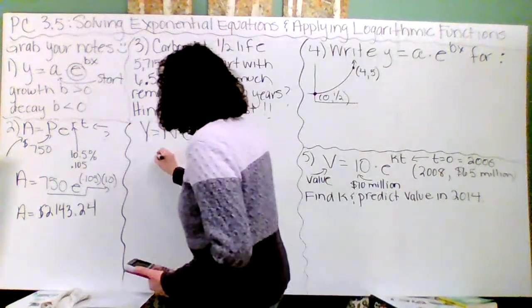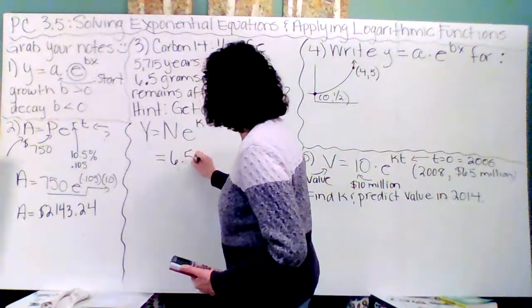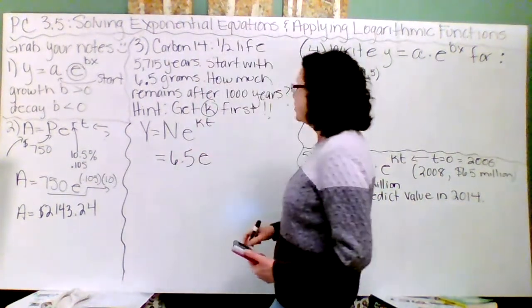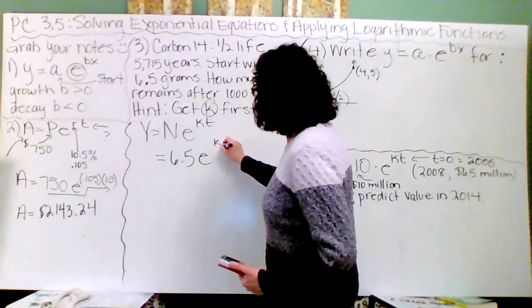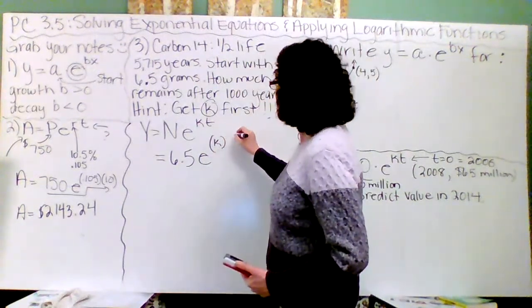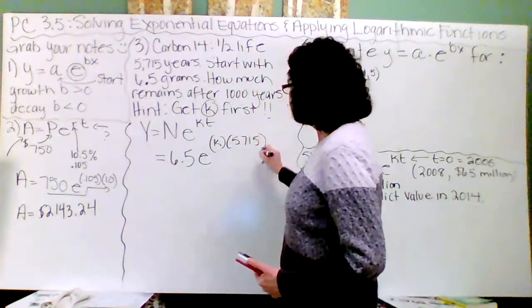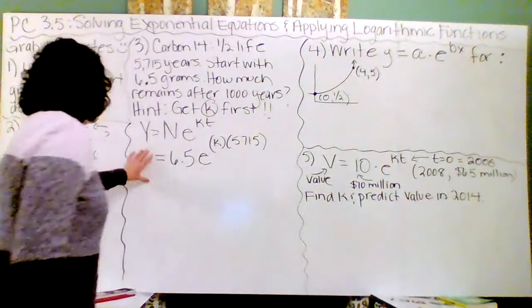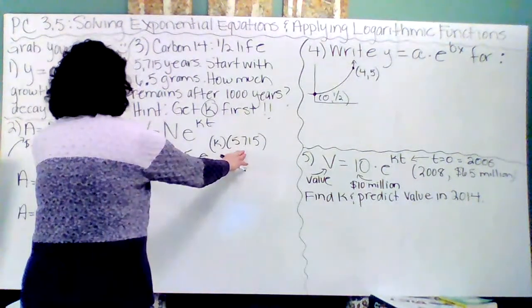Let's see. Here's our starting amount, right? That always starts 6.5 E. Now the K, I am trying to find the K, right? And the time that's going by is 5,715 years. So what goes here? What goes here is this time matches this output.